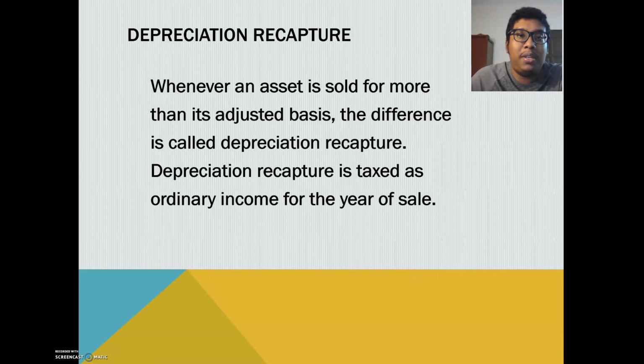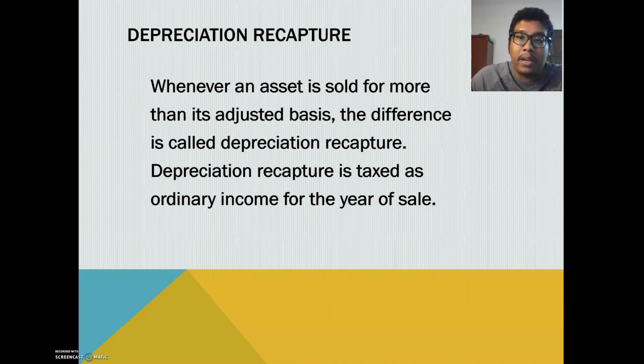Okay, next is depreciation recapture. Whenever an asset is sold for more than its adjusted basis, the difference is called depreciation recapture. The adjusted basis we can get from the beginning tax basis minus the depreciation.